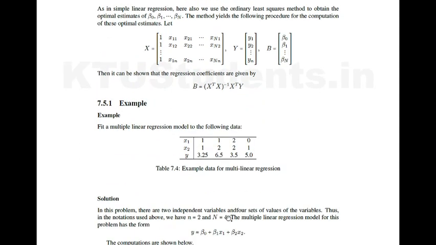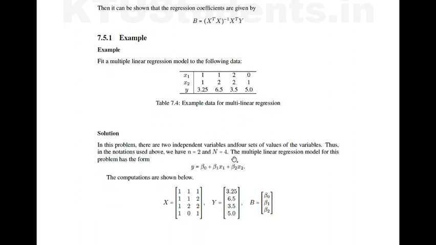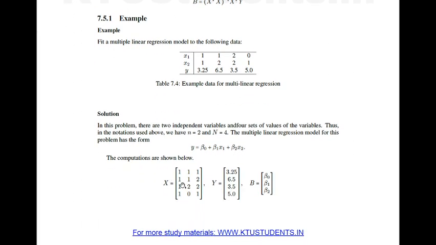And here the example they have given in the textbook has only two features, x1 and x2, maybe the square feet area and the number of bedrooms, and the price is predicted maybe in lakhs or crores. Then the solution: you will first find the X, Y and B matrices.